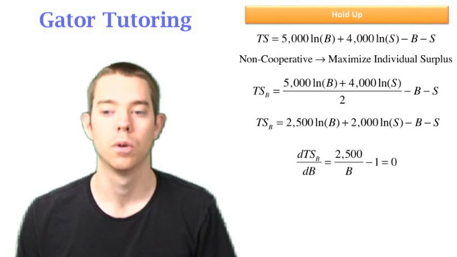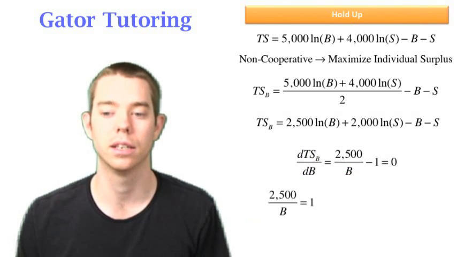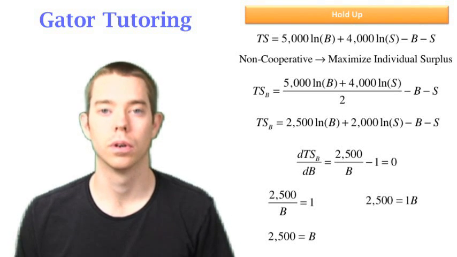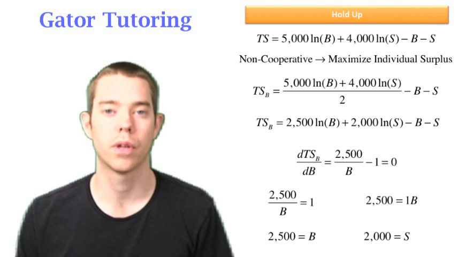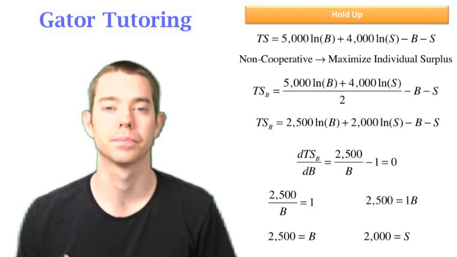For B, we do the derivative, we set it equal to 0, we get 2,500 over B minus 1 equals 0, and that can easily be manipulated to get B is equal to 2,500. Again, we know that S is going to be equal to 2,000 for the same reasons. Again, you can work it out if you're not comfortable with that.